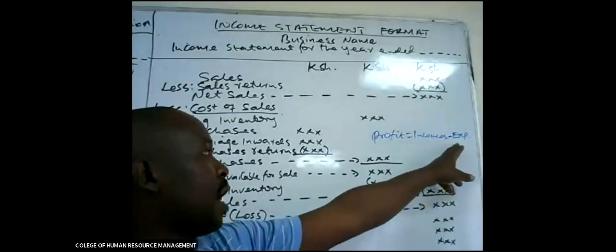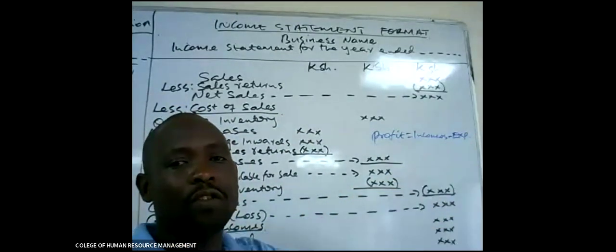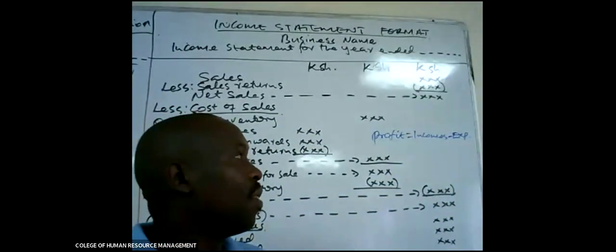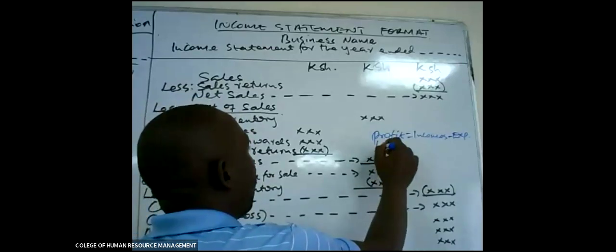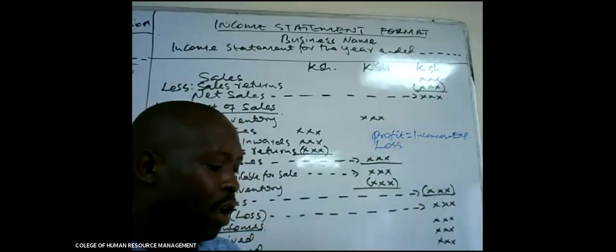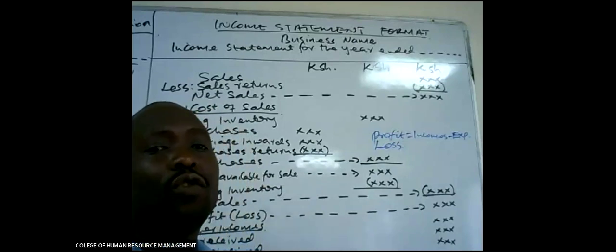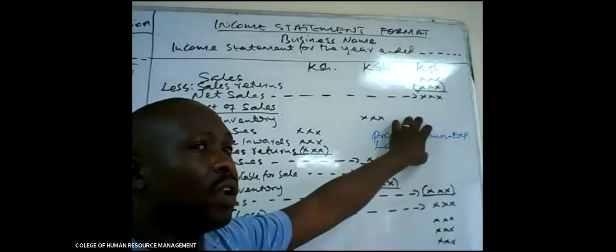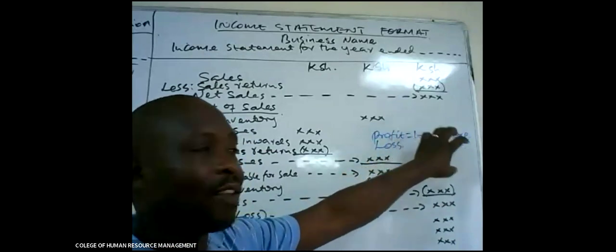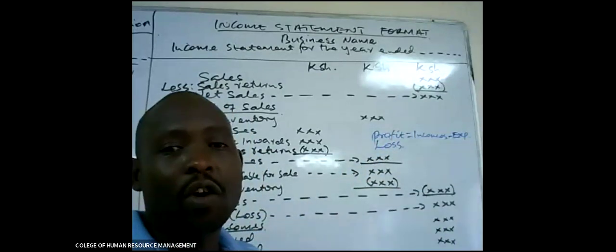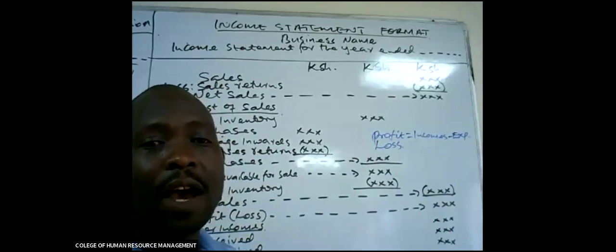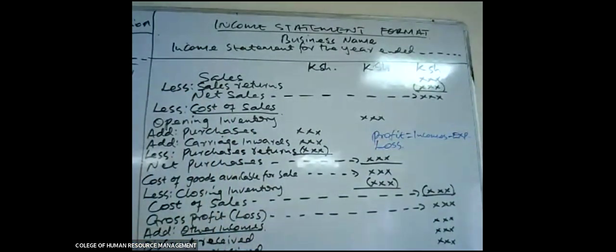But if it happens that the expenses or the costs are more than the income, then you are going to have a loss in that particular period. So this statement, known as the income statement, is purely going to deal with the incomes that were generated versus the expenses or the costs that were incurred in that particular period of time.